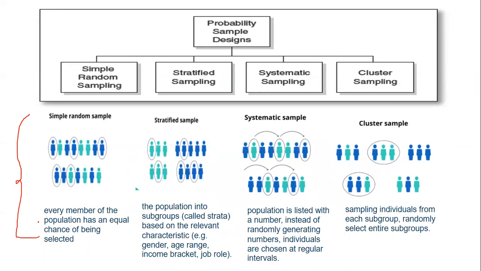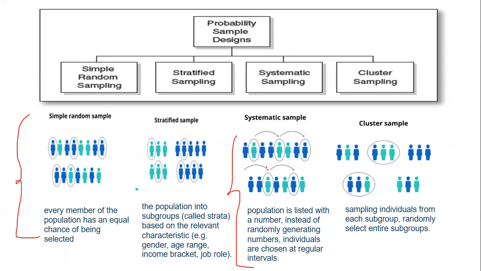Stratified sampling, strata, it means your population is divided into subgroups, that is called as the strata. Based on this strata, that is the age, the gender, it can be in any form, the samples are collected. Then next is systematic sampling. Systematic sampling talks about what?